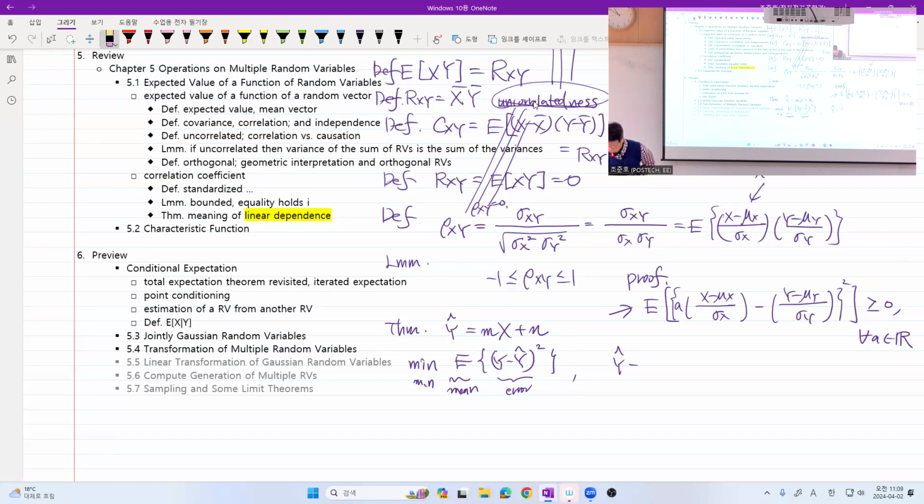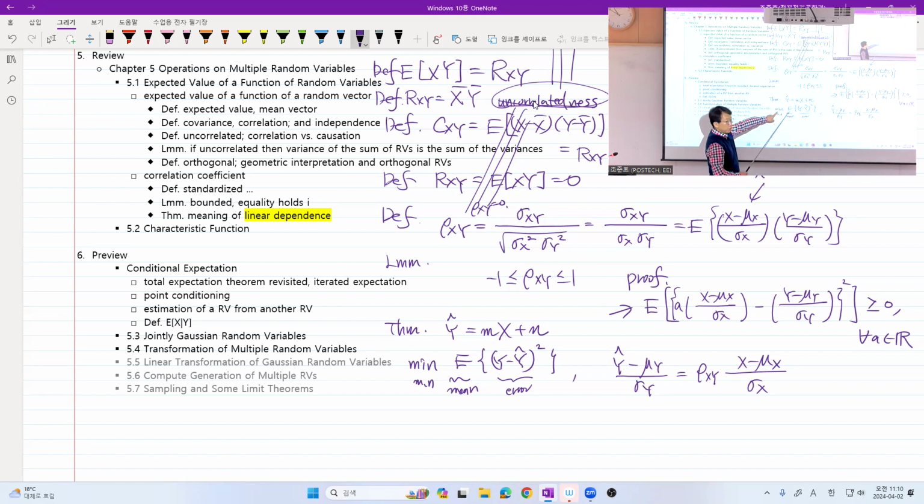Just a second. Am I correct? Yeah, I believe so. Be careful: here I use Y hat, not Y, because X and Y may not always have an affine relation. However, as we try to find, Y hat is an affine function, and this is the relation.